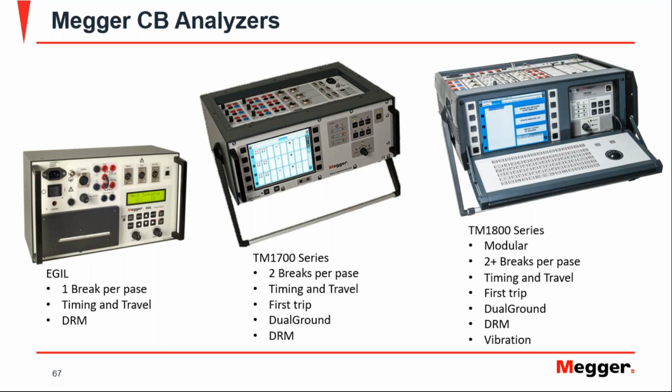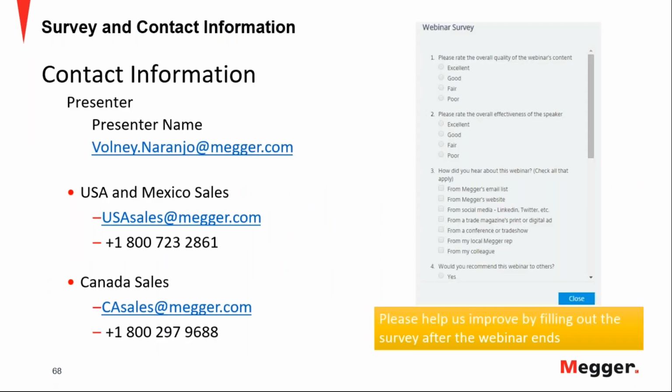And if you are interested in vibration, that needs the 1800, because that one is a modular instrument to which you can add different channels at will, and you can configure it depending on the needs. So that's what we offer, and we can do all of these tests that I just mentioned with these instruments.